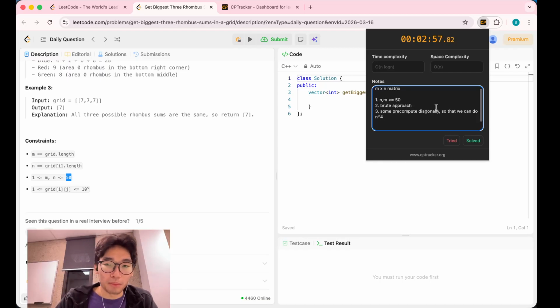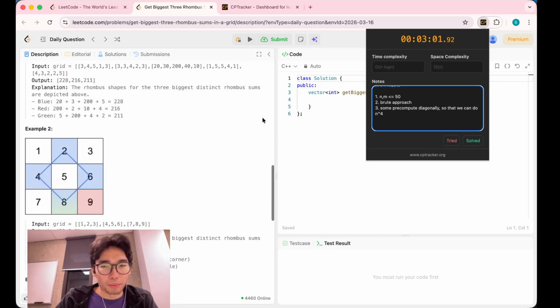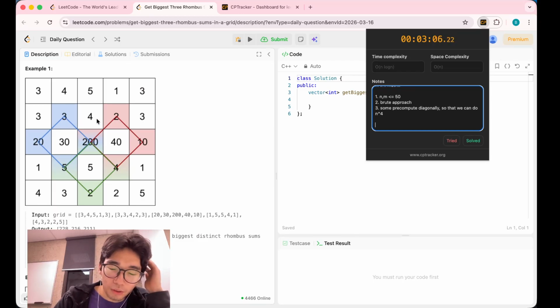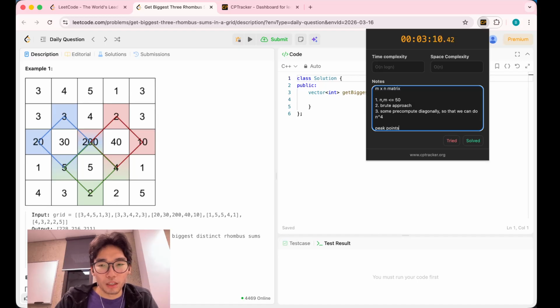So what I mean by that is, for loops: we need the peak point of the rhombus. That's the first important thing to have in a loop, which is i and j, which takes n squared.